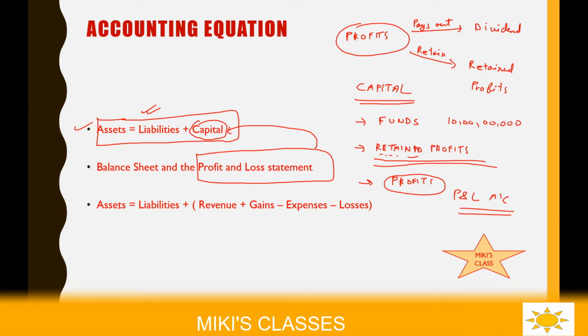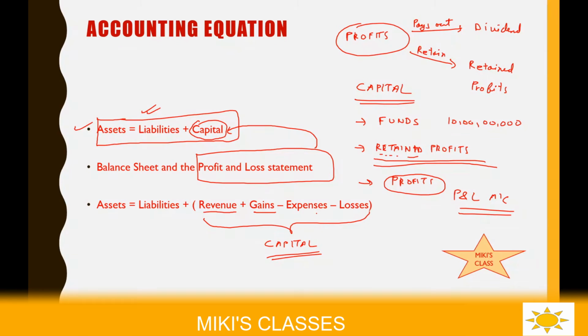Then assets is equal to liabilities plus, we saw capital. Capital can also be written as revenue plus the gains, the revenue which you make for the year by doing sales, and whatever profits you make from other sources apart from selling your core products.